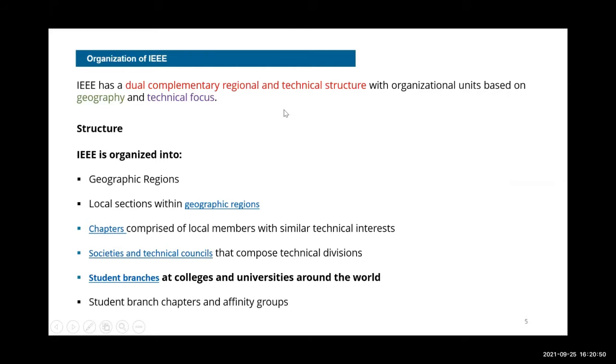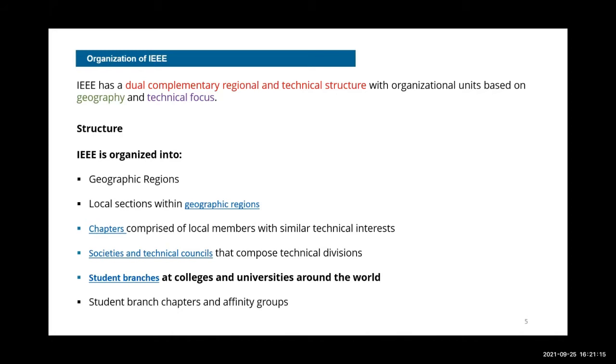When you say regional, there are geographic regions under the IEEE. Now there are 10 such regions. So we are part of region 10, Asia. And then there is region 8, for example, that is Europe, Middle East, and North Africa, something like that.